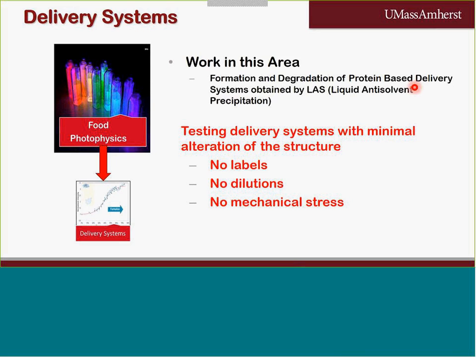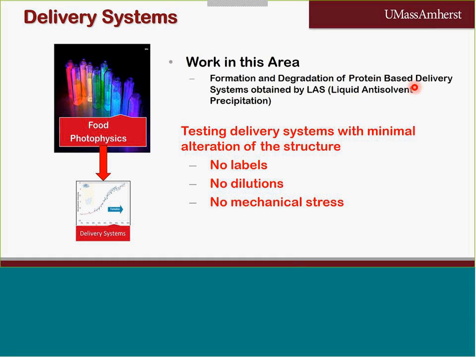Because, first of all, we don't have to use labels or dilutions. For example, in most cases, every time you test particles of a delivery system, that system has to be diluted, which is not something that most of the time you can do. And of course, you are not applying any kind of mechanical stress. So basically, you are not deforming your sample while it is being tested.